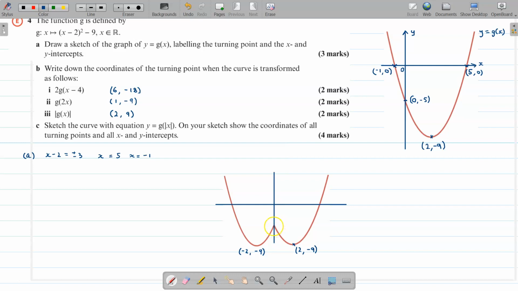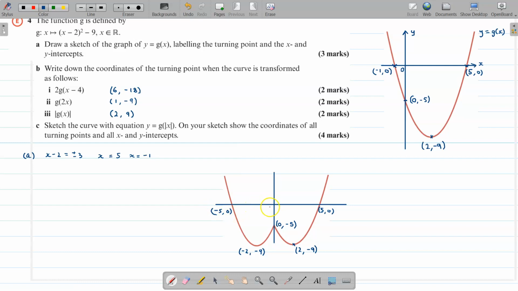There's no smooth turning point there. But we do know that that point is 0, negative 5 from our previous question. And we do know that this is going to be 5, 0, as it was before. Because the other intercept is now a reflection in the y-axis, this is obviously negative 5, 0.